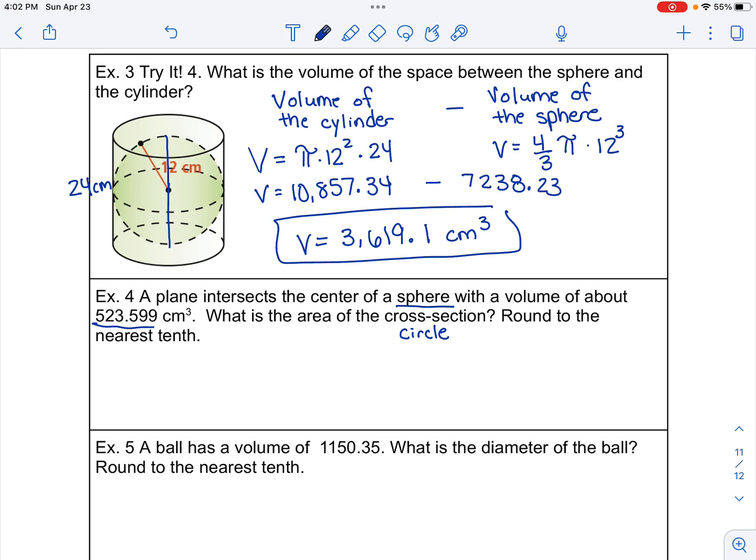So if we work backwards, a sphere is 4/3 pi r cubed equals 523.599. That is our volume formula. To work backwards, we can do this in a couple different steps. You can divide the 4/3 to the other side if you want to first. You can try dividing the whole thing.